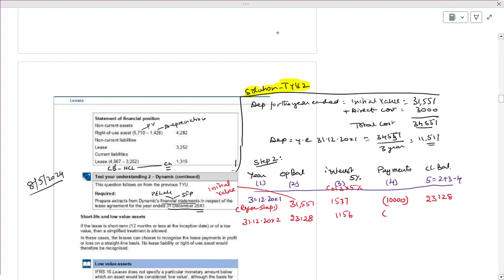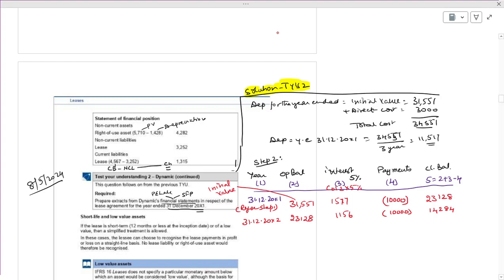How much are you paying as lease payment in the second year? 10,000. 2 plus 3 minus 4 gives 14,284. See the things.